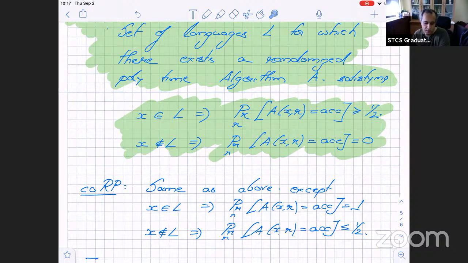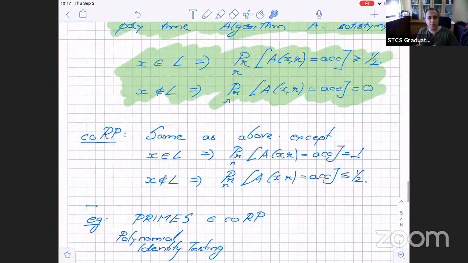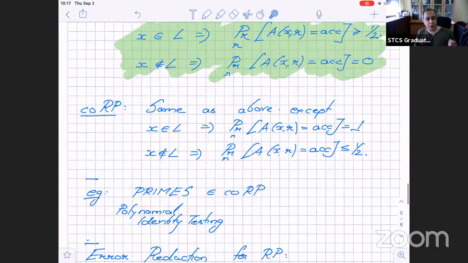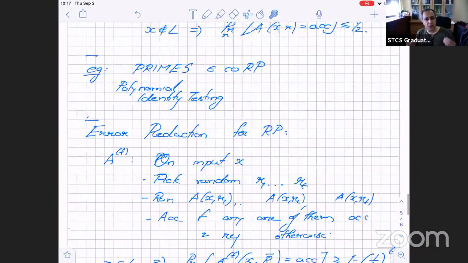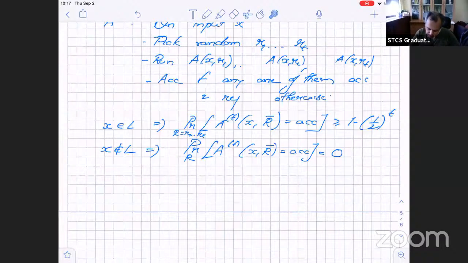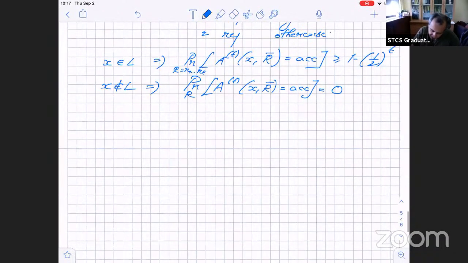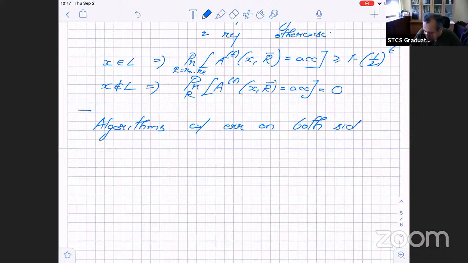Okay. So that's RP and co-RP. Both of these were problems with one-sided error. Now you can have problems which have error on both sides. We want to move to algorithms with error on both sides, or possibly error on both sides.